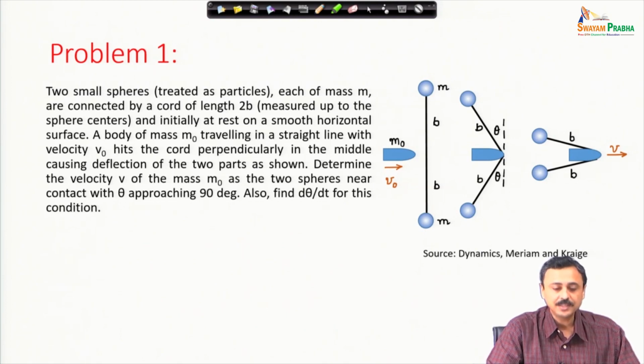So, when theta approaches 90 degrees, where theta is defined in the second figure, these two spheres will come and collide. So, we have to find the velocity v of the mass m naught as the two spheres near contact, with theta approaching 90 degrees. Also find d theta dt for this condition.